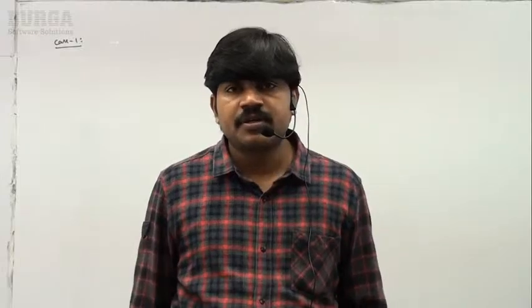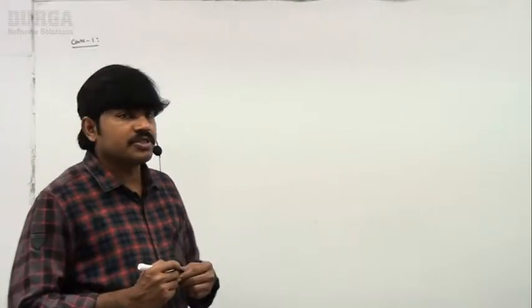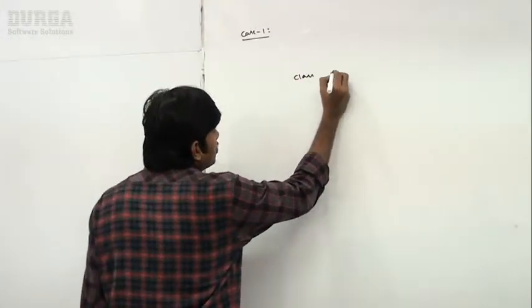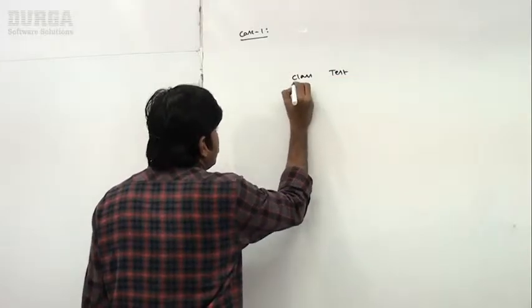Sir, in the last videos, we covered the throws keyword very clearly. There are multiple cases related to this throws keyword. Let me explain the first case. Observe that. Here, class Test is there.